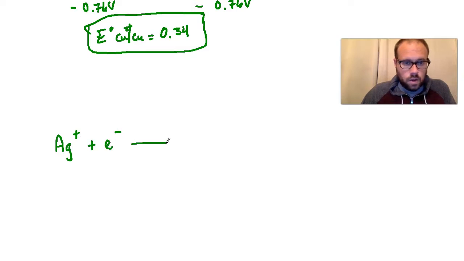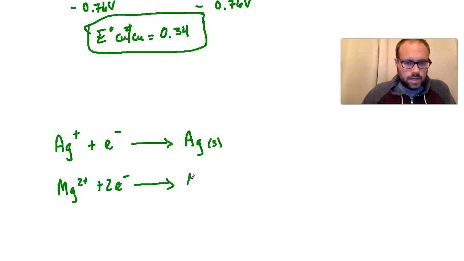All right, so here's one of the two reactions. We have silver ion going to silver solid. Okay, and then we have the magnesium 2+, plus 2 electrons going to magnesium solid.